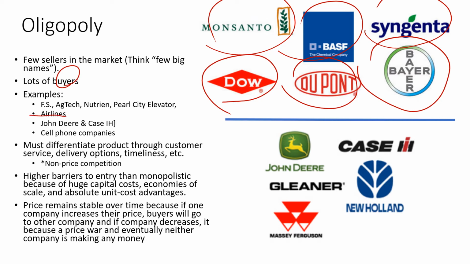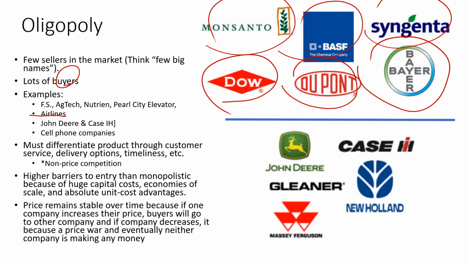Another example with that, if unrelated to agriculture, would be like the airline industry. So you can kind of think of a few, American Airlines, Southwest Airlines, Spirit Airlines, United Airlines, people that operate and sell plane tickets. You can't just go to the corner gas station and buy a plane ticket.